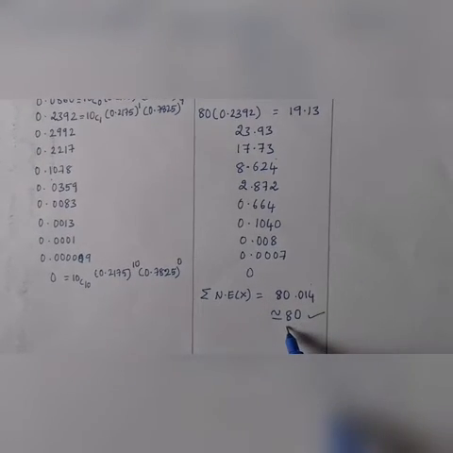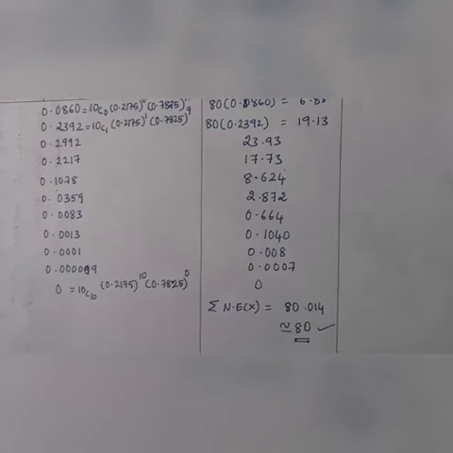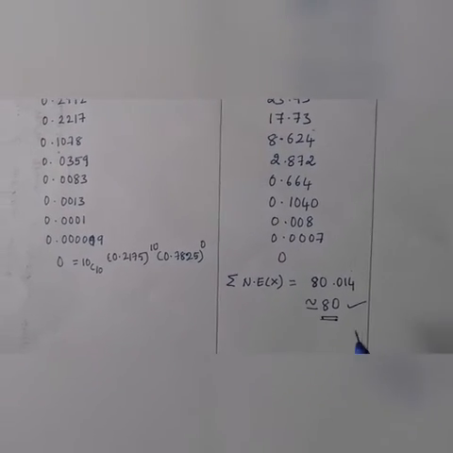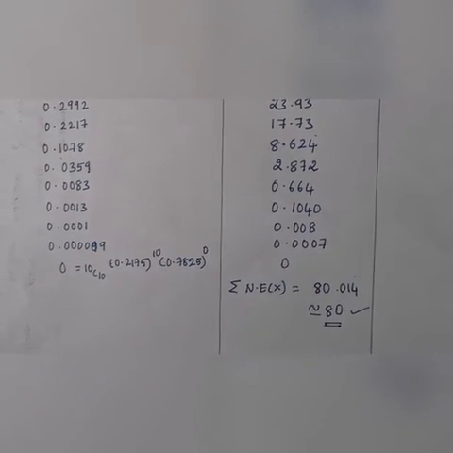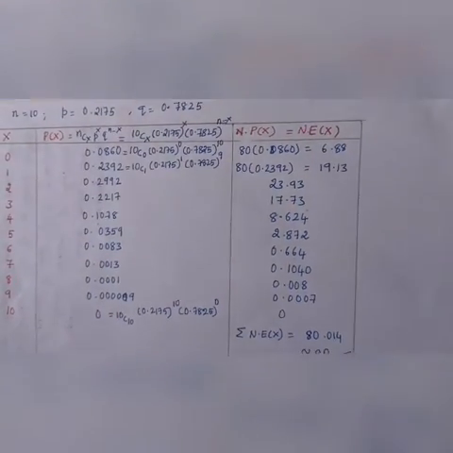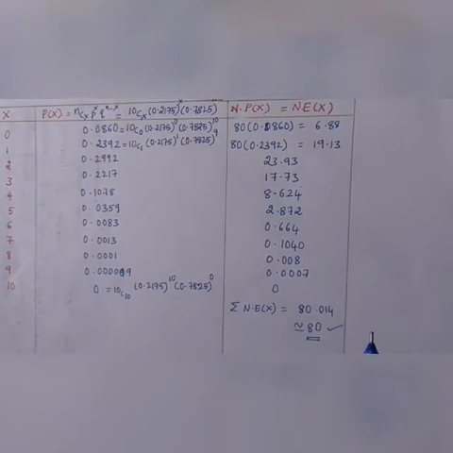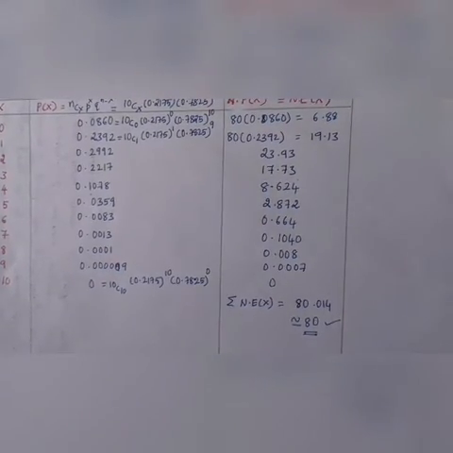If you get this value, then that means you were successful in fitting the data into binomial distribution. That is the reason you have to calculate the last column, to see if we can fit the data into binomial distribution. Okay, this is how the problem ends.